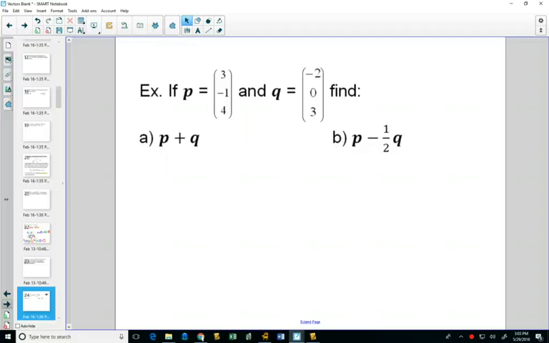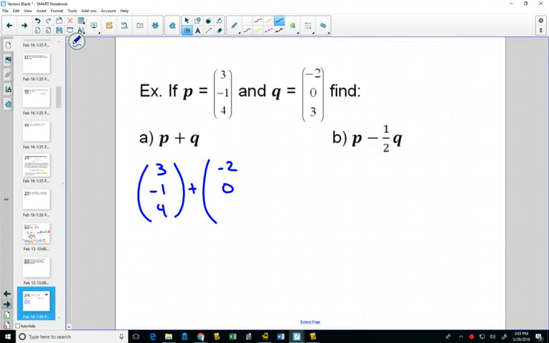So if you had these vectors, p: 3, -1, and 4, plus q: -2, 0, and 3, your resultant vector will be 1, -1, 7.